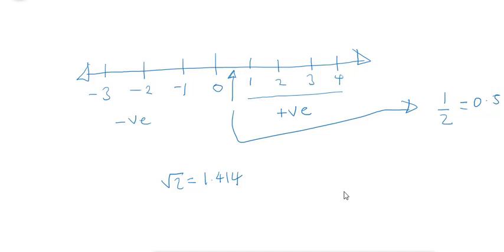So the root of 2 in this case will be somewhere there. So this is what we have about numbers. And also what we can note is that the numbers on the right, the positive numbers going this side, are always greater than the numbers on the left side.